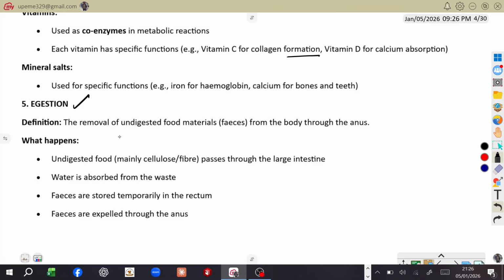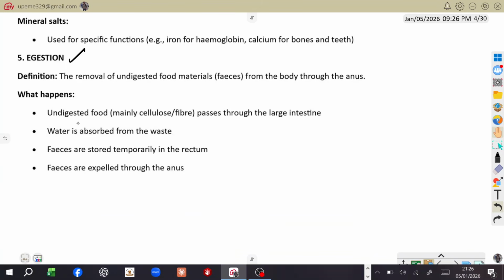Undigested food, mainly cellulose or fiber, passes through the large intestine. Then water is absorbed from the waste. Feces are stored temporarily in the rectum, then expelled through the anus.